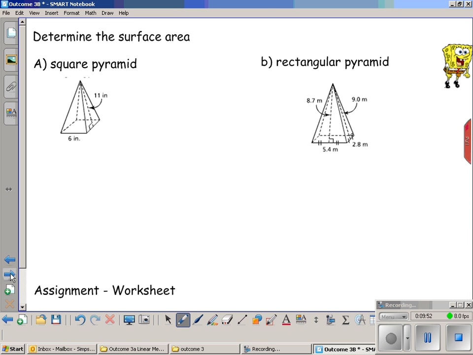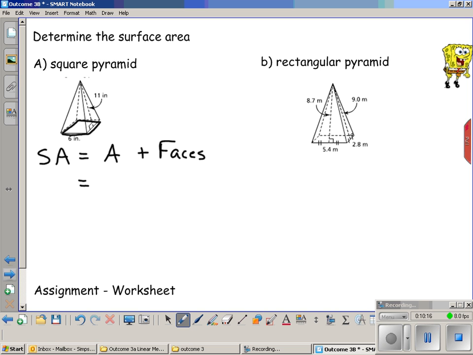So let's start with a square pyramid. If we're doing this, we have the surface area. We need to find the area of the base plus the area of the faces. Well, the area of our base is this square down here.